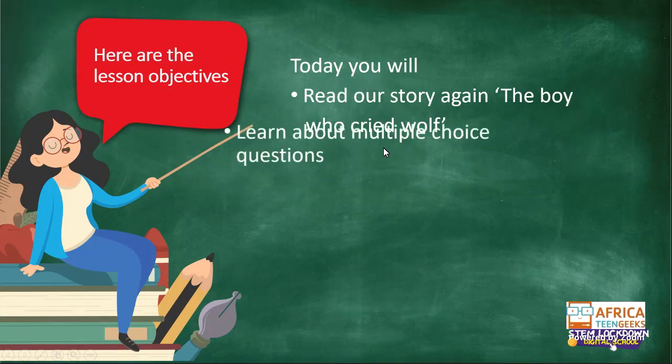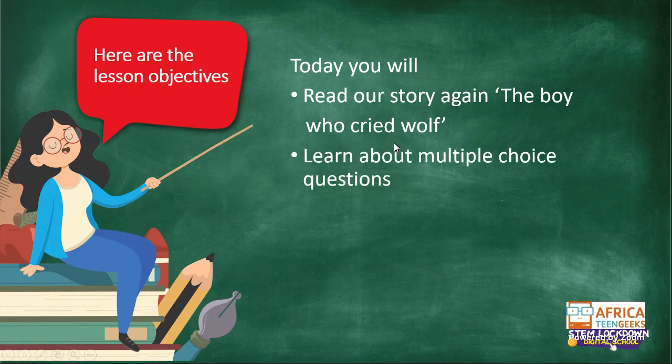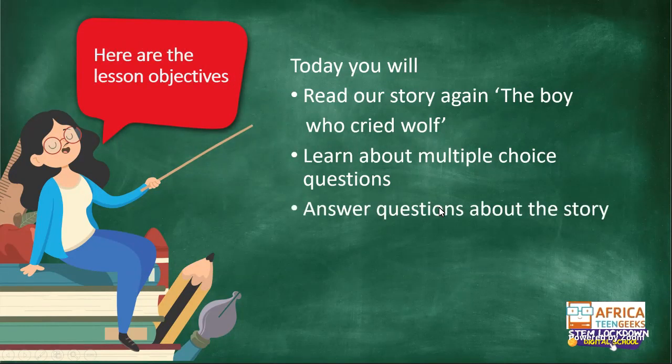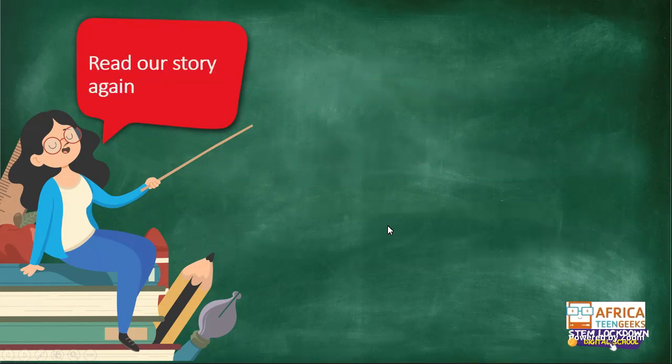Then after we've done our reading, I'm going to teach you about one of the comprehension strategies called multiple choice: how to choose the right answer when you have a choice of answers. And then after that, we'll answer questions about the story, and that will be the end of our lesson. So right now, let's go on to reading our story.